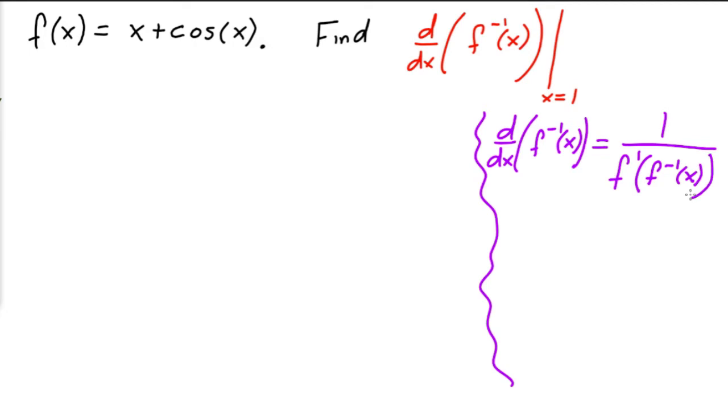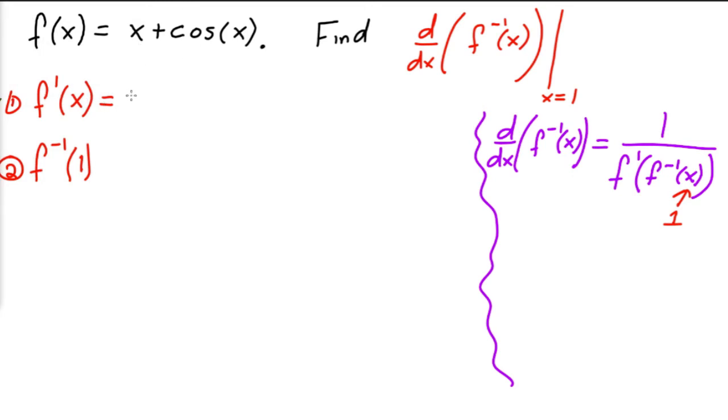So remember, we need to find two things. We need to find f prime of x, and since we're going to evaluate it at 1, we need to find f inverse at 1. Those are the two things that we need before we can use the formula.